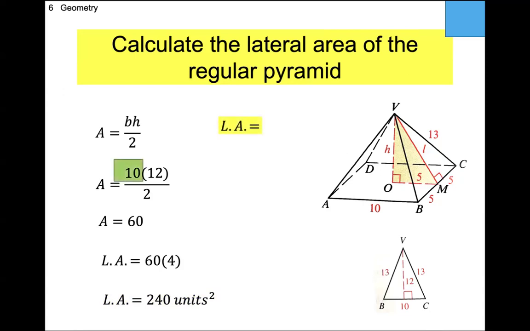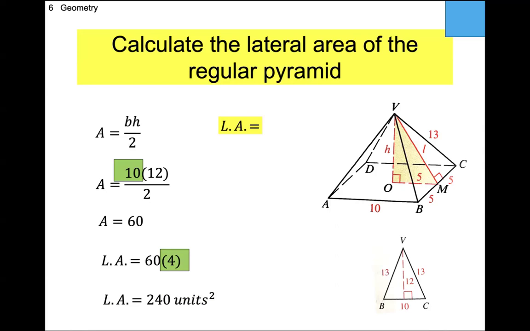Excuse me. We know that the lateral area is base times height divided by 2. So that 10, where did it come from? It came from the base of the square at the bottom, right? And then ultimately, we're multiplying by 4 because there are 4 isosceles triangles.